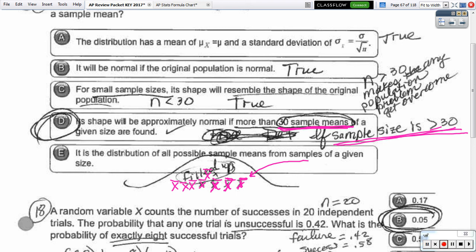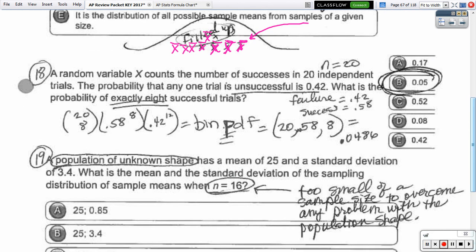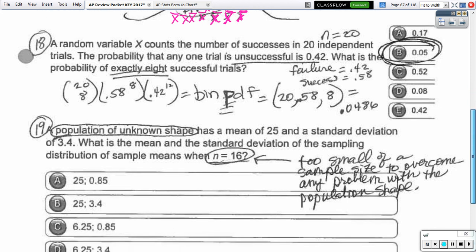The size of what was averaged together to get those means has to be greater than or equal to 30. All right, and number 18 is again a binomial PDF because it's 20 having exactly 8 successes. So those are pretty straightforward.